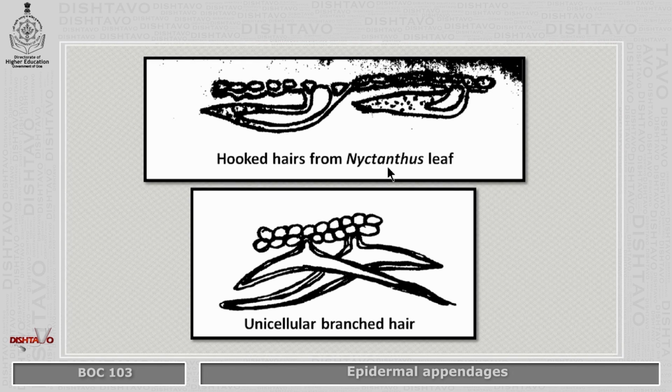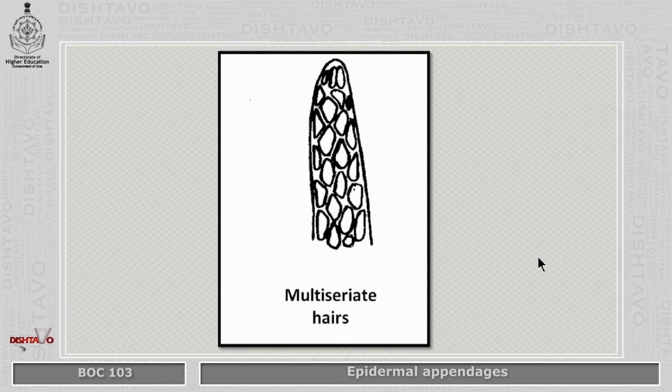The next type is unicellular branched hair. Such trichomes are found below the leaf. The next type is multiseriate hairs. Here you will find multiple cells in the trichomes. So these multiseriate hairs are found in some plants.